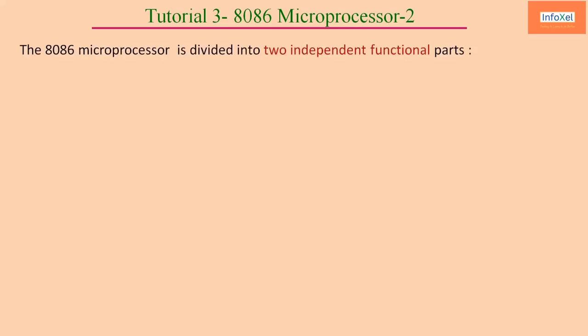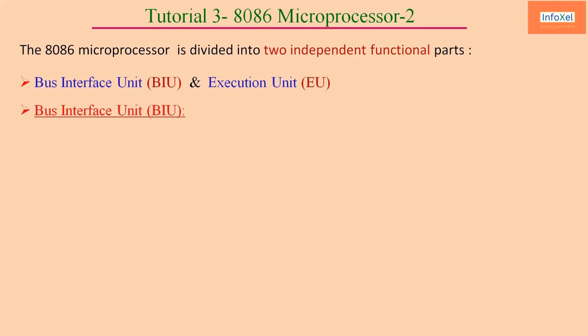Just now I mentioned the 8086 microprocessor is divided into 2 independent functional units, that is the bus interface unit BIU and the execution unit EU.